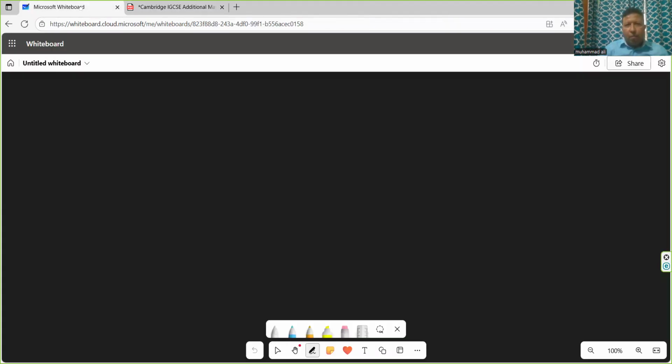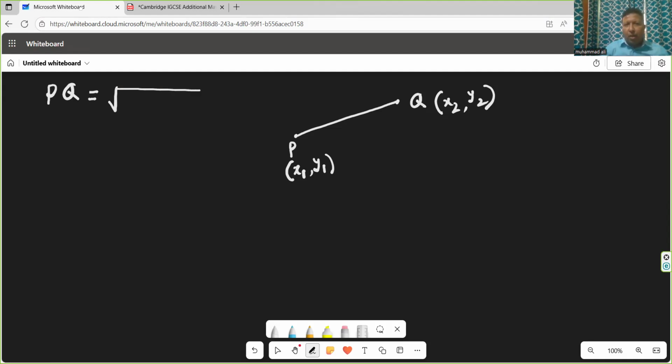Like if P is one point and Q is another point, this is P, that one is Q. Like this is x1, y1, that one is x2, y2. If you want to find out the length of PQ, the formula is root over x2 minus x1 whole square plus y2 minus y1 whole square.